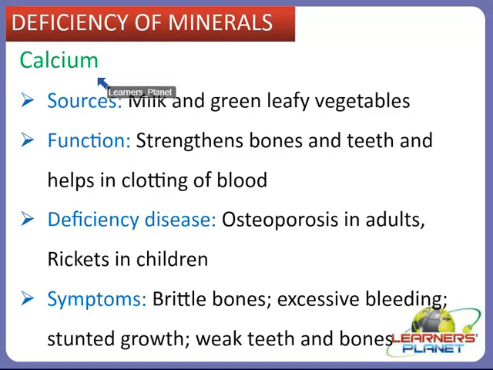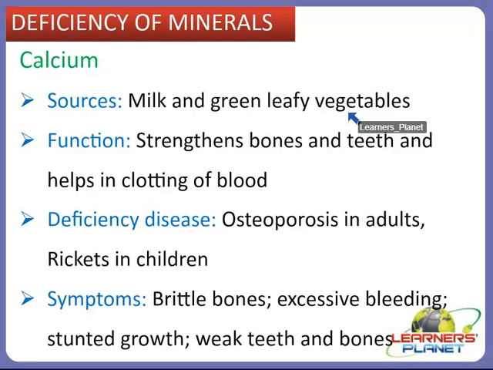So the first one is calcium. Yes, the rich sources of calcium are, as you know, milk and green leafy vegetables. And calcium is a mineral which is obtained from dairy products like milk, cheese, yogurt, and green leafy vegetables like broccoli, right?